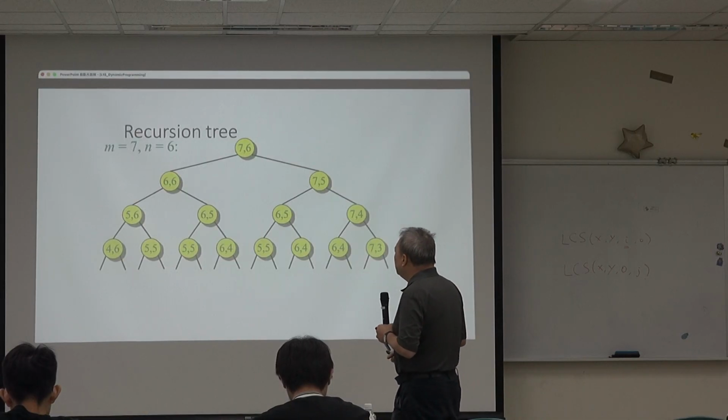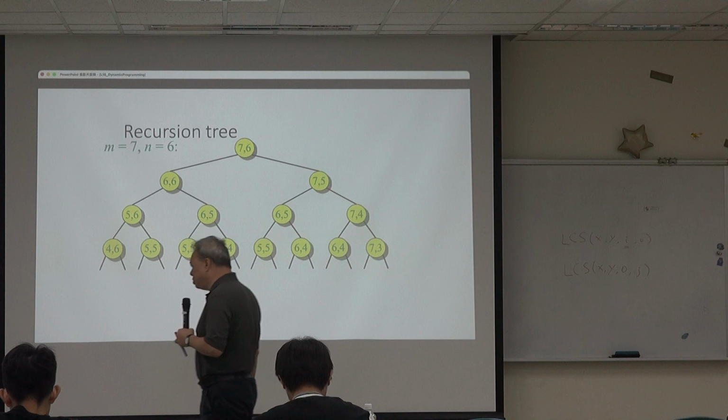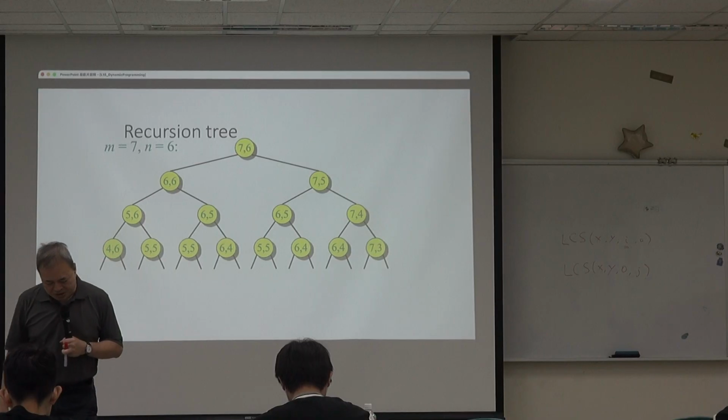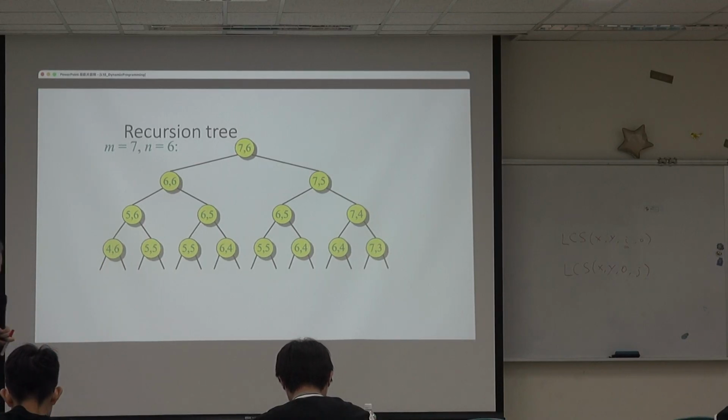So if we try to use a recursion tree to have a look, say initially your I is 7, your M is 7, N is 6. Assume the worst case happens all the time. Of course, this may not be the case, but let's assume the worst case nevertheless, because for us, the important thing is to see the worst case scenario analysis, the worst case complexity.